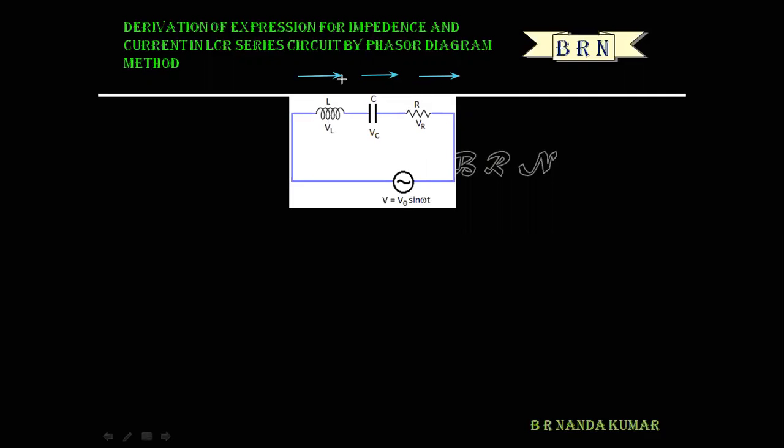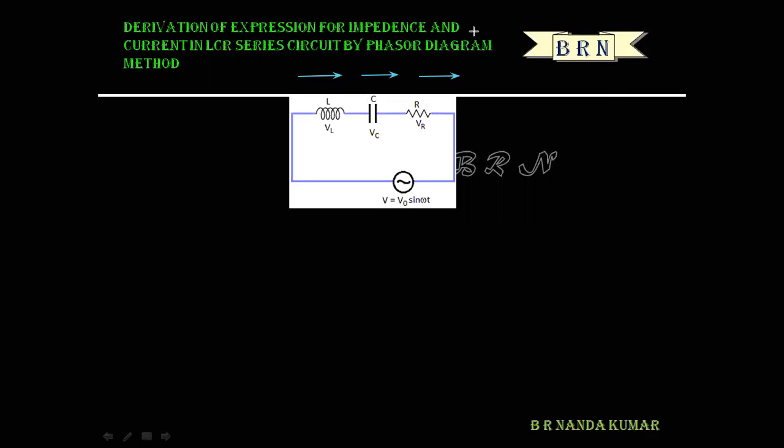The rotational vector of current in a purely inductive, purely capacitive, and purely resistive circuit is the same. Here the current flowing through the inductor, capacitor, and resistor is in the same direction.